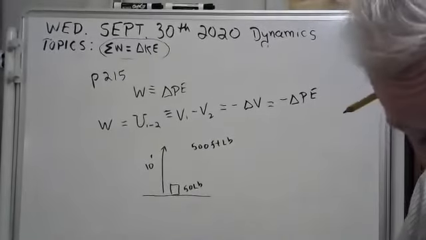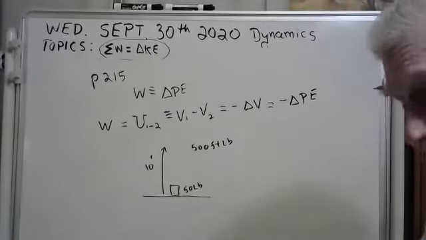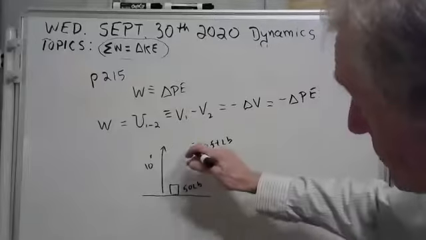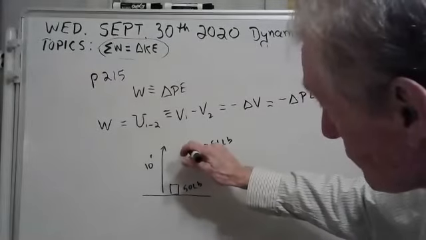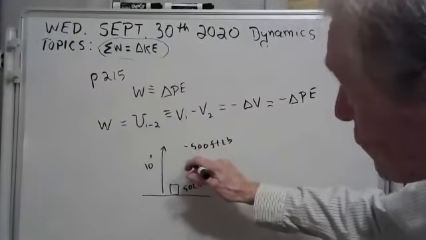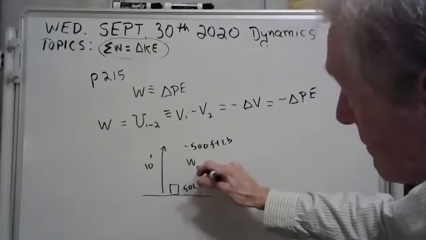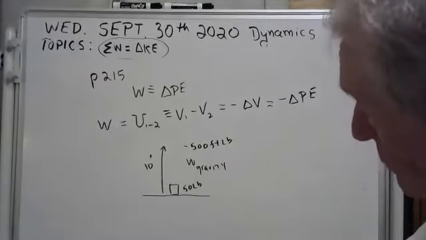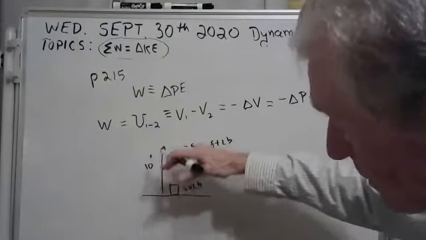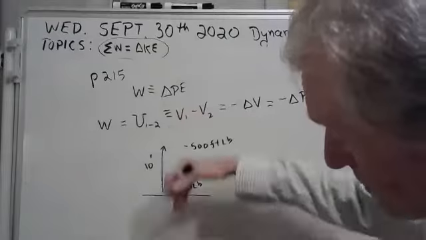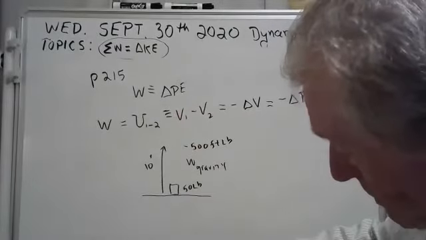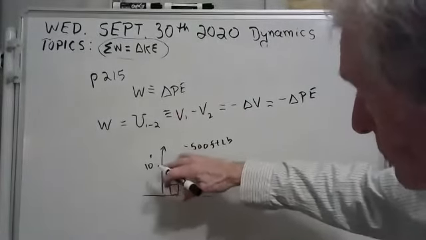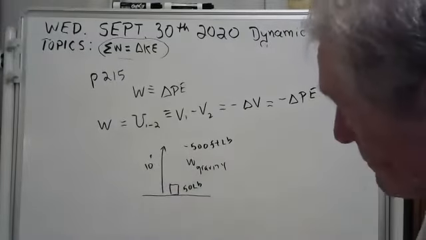But see, gravity does a negative 500 foot-pounds of work. That's the work done by gravity. Because, see, the whole time that this thing is going up here, gravity has got a force going down, but you're moving up, so that's negative work.